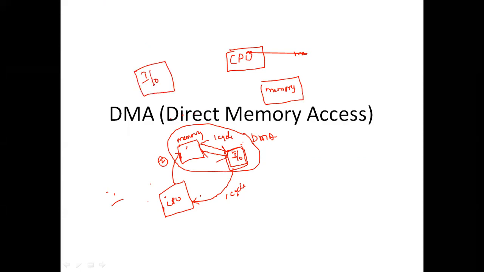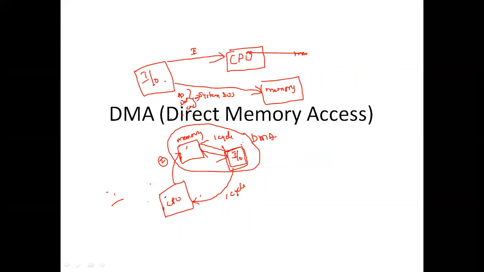If we want to transfer any information to memory, in order to transfer data from IO to memory or memory to IO, we need the system bus. What do you mean by a system bus? The system bus is a combination of address bus, data bus, and control bus. Totally these three we call a system bus.